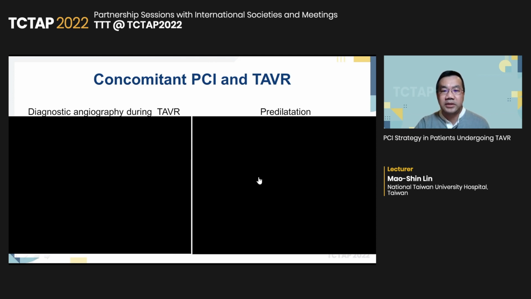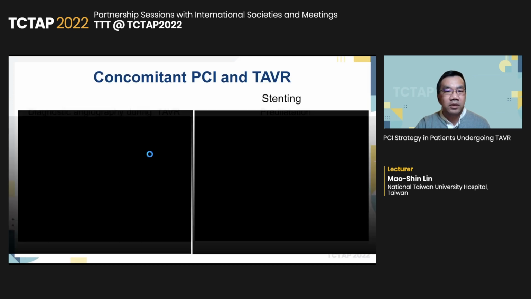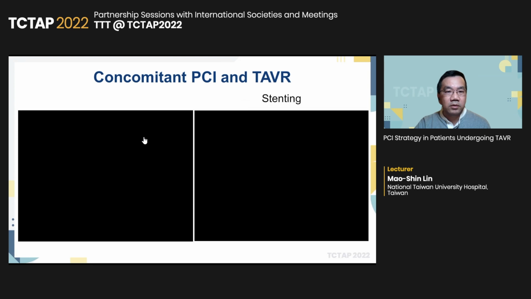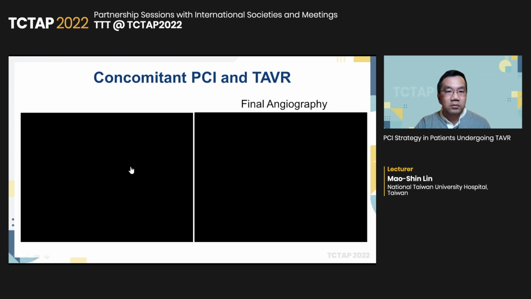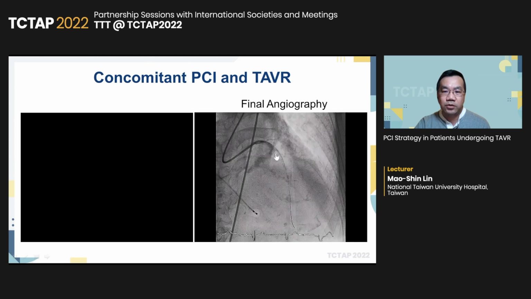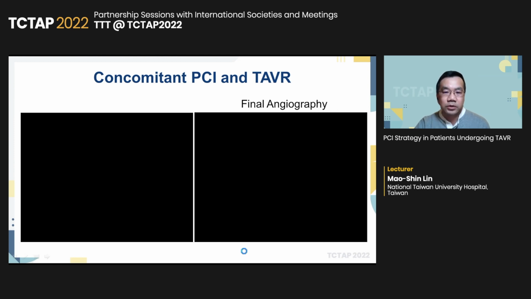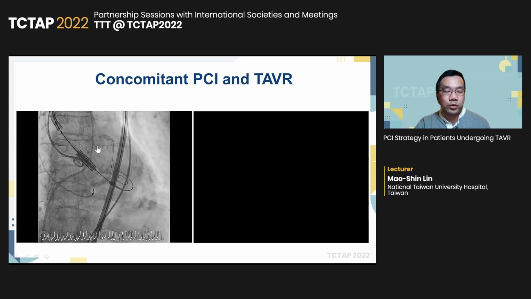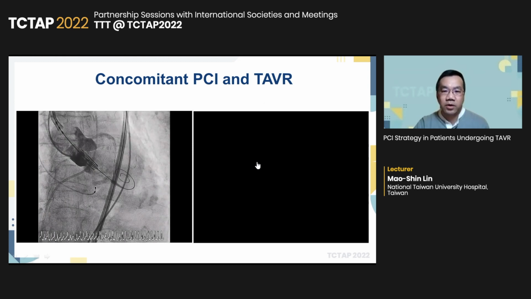So we did the PCI before TAVR, and put in a stent, and that's the final angiogram. After that, we switched to the TAVR, and this case has low coronary height, so we protect the LAD with a balloon.